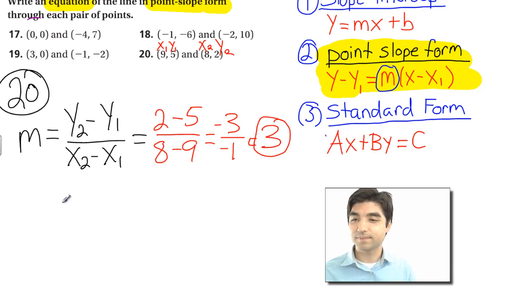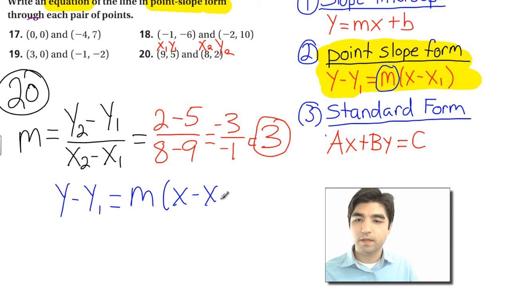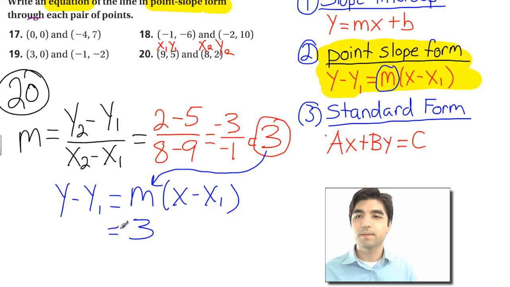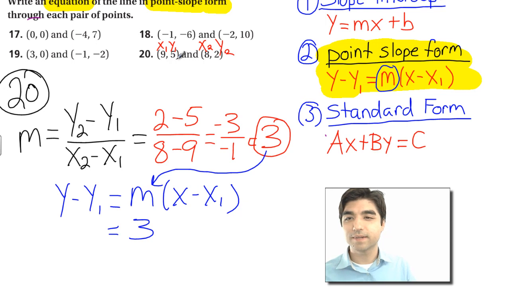Okay, final step is create your general point slope form equation. Put the 3 in for the m. Pick any point you want. You can pick the first point or the second point, it doesn't matter. Let's pick the second one.